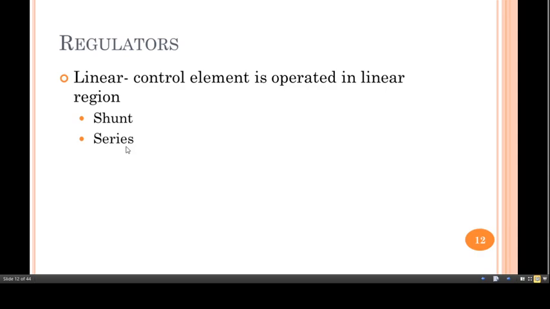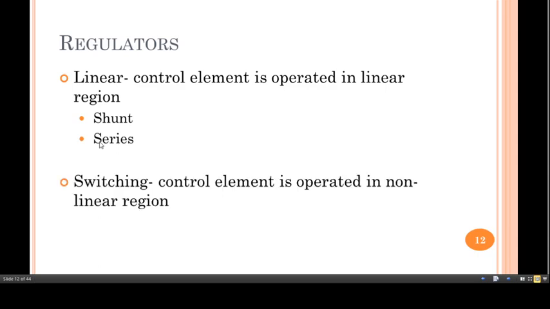Whenever the controlling element is connected across the output, then that type of regulators are shunt regulators, and when that element is connected in series with the output, that regulators are the series regulators. Next are switching regulators. Whenever the control element is operated in non-linear region, then that is called a switching regulator.